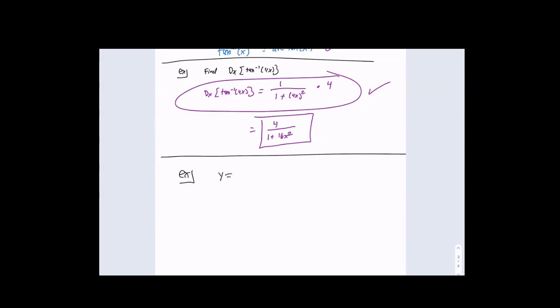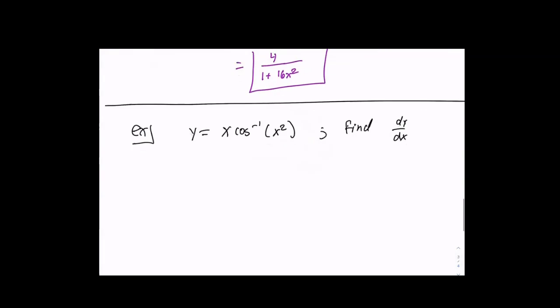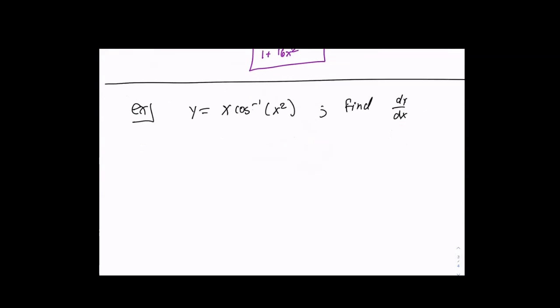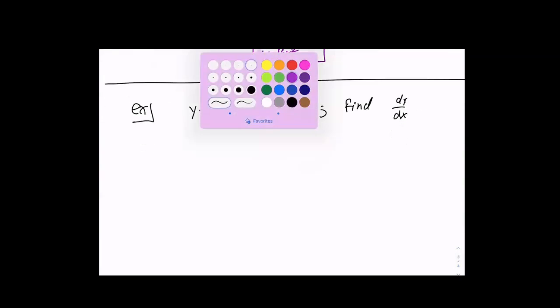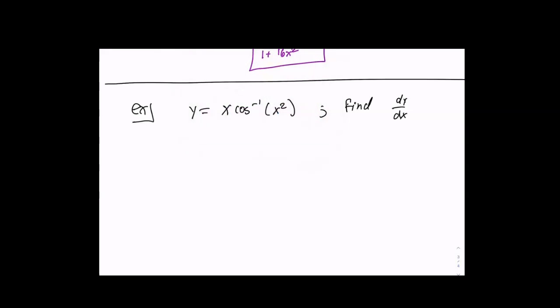y equals x inverse cosine of x squared. Find dy dx. All right, how do I do this?